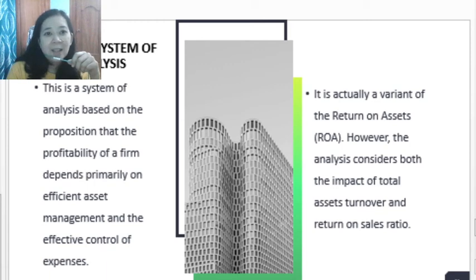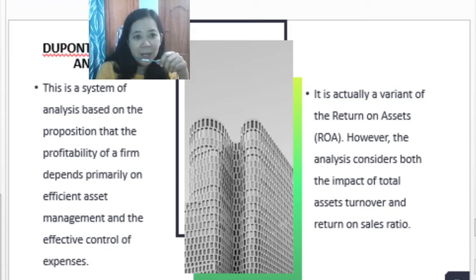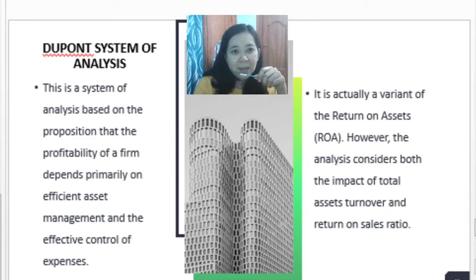The next type of ratio is from the DuPont system. Normally this system of analysis is based on the proposition that the profitability of a firm depends primarily on the efficient asset management and the effective control of expenses.